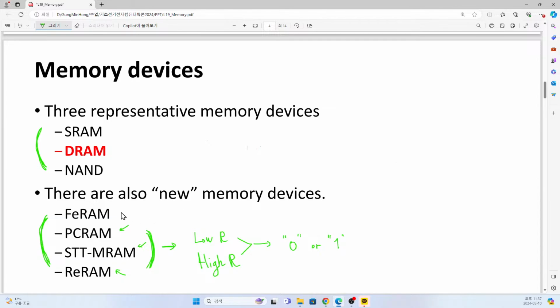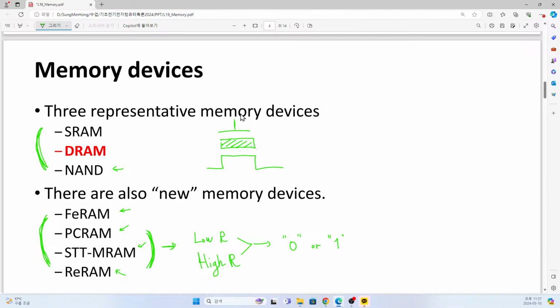Also, we have here FeRAM, but it is a little bit different. It corresponds to a transistor structure, or some other variants exist. After that, we came back to the more conventional memories. First, I explained the NAND. NAND has a typical transistor structure, but the charge is stored in the silicon nitride layer.